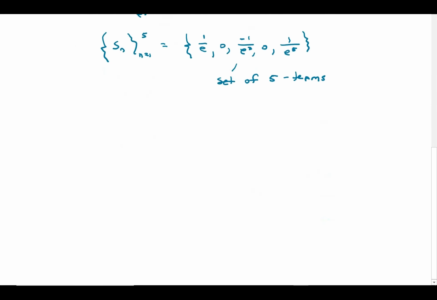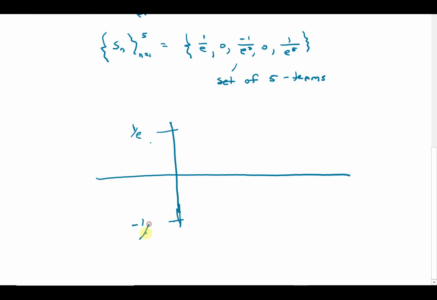Now we know this as a function. So we're going to take the maximum as 1 over e, because that's the first term, and then we're going to represent this as -1 over e. What we notice is the first term is here.